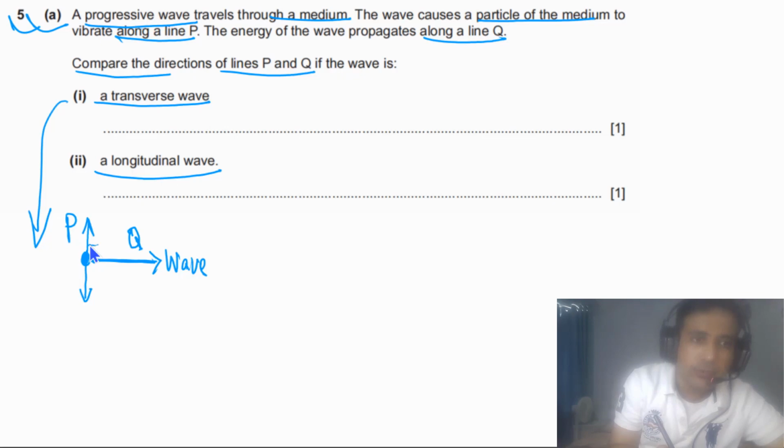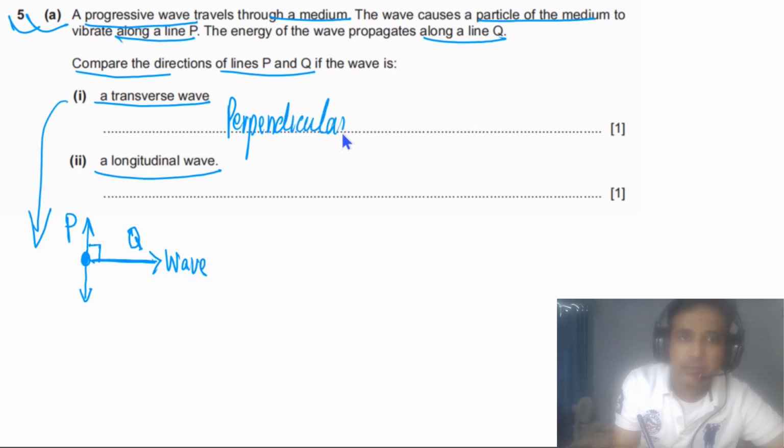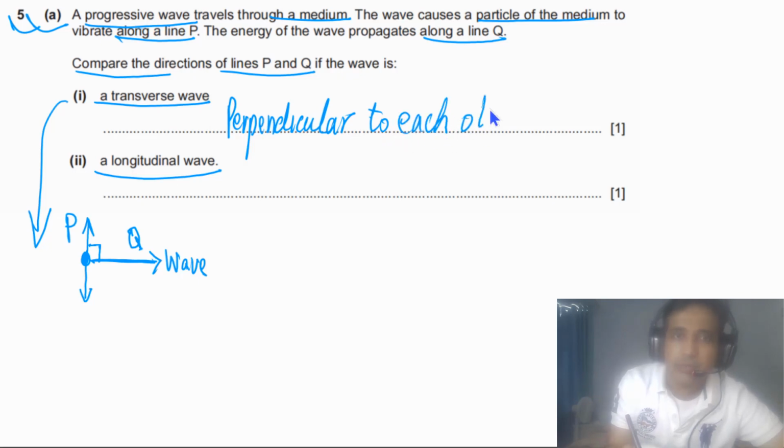If you look at the angle between these two lines, the angle is 90 degrees. It means these two lines are perpendicular to each other, so the angle between them is 90 degrees.